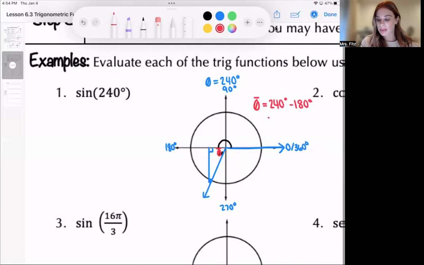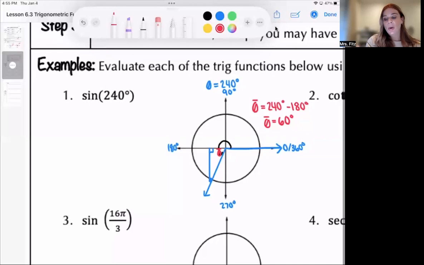So we end up with theta equals 240 minus 180. We get 60 degrees. So our reference angle is 60 degrees here. What we actually want to do is find sine of 60 degrees, and then change the sign based on what quadrant it's in.